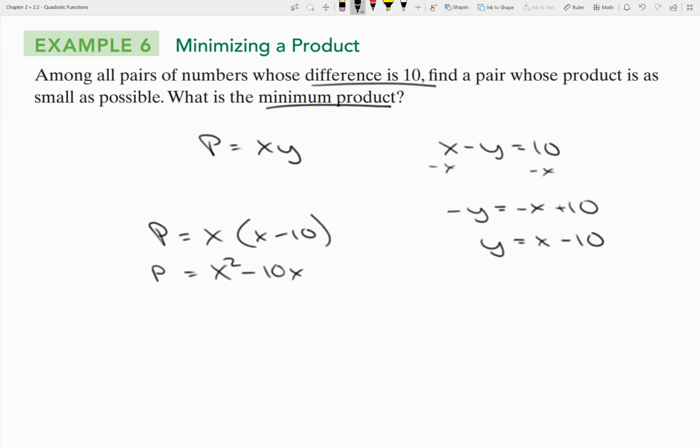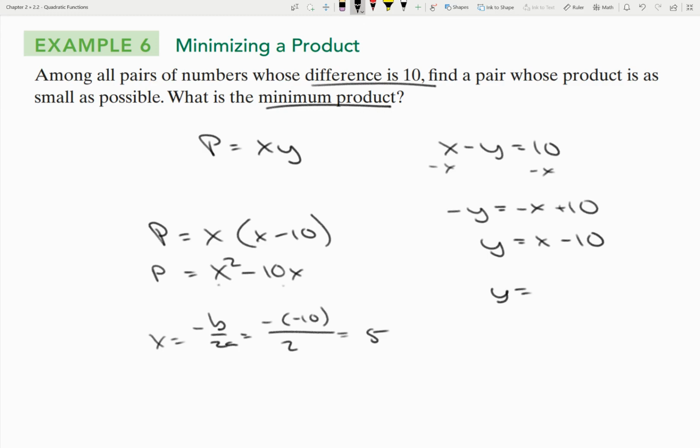Okay, so if that's the product and I want to minimize it, it's going to happen at the vertex. The x-coordinate of the vertex is negative b over 2a, so that's negative (negative 10) over 2 times 1, which is 5. It also means that for the y-coordinate, I could plug it back in. I have two equations, right? If I find x, I can just do y equals x minus 10.